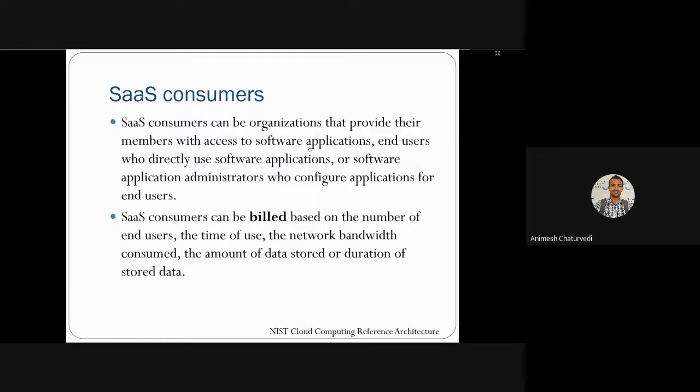Then a SaaS consumer can be billed based on the number of end users, the time the service has been consumed, the network bandwidth used, the type of data storage, and the duration of this data storage.